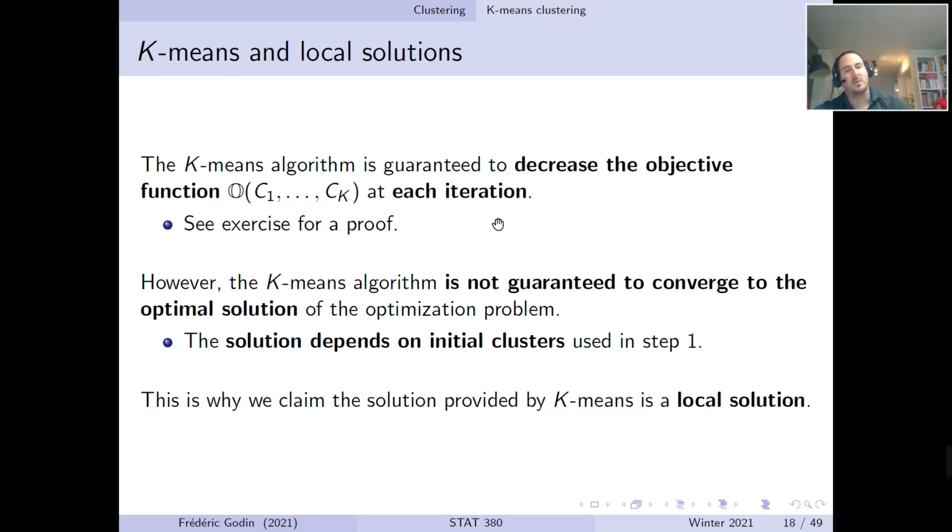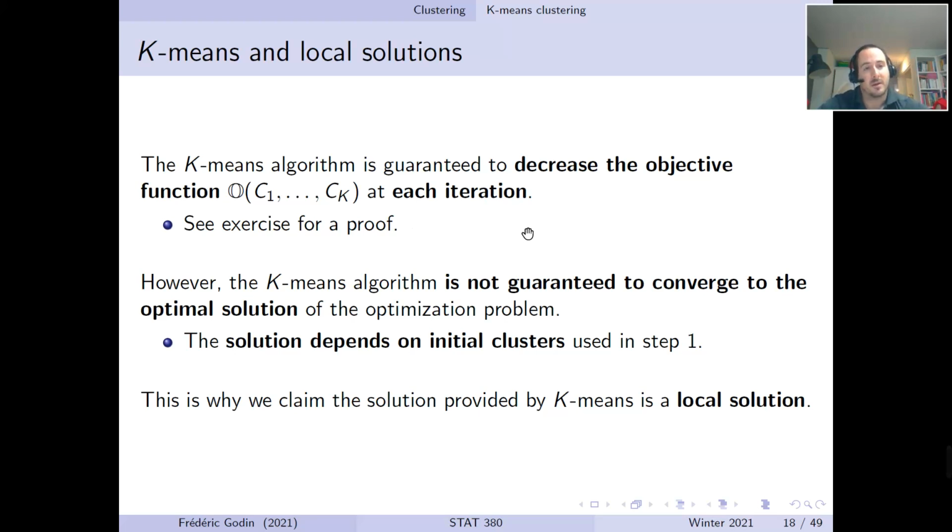If you follow K-means, the objective function should be monotonically decreasing until it reaches a floor, or until convergence, where it's going to stay stable. I won't provide the proof here, but the proof is in the exercises. So please do the exercises to show this feature of the K-means algorithm.